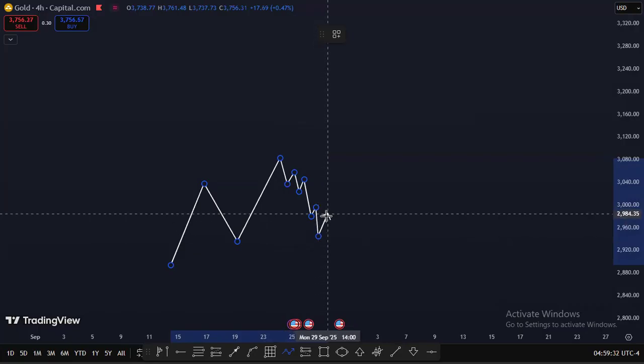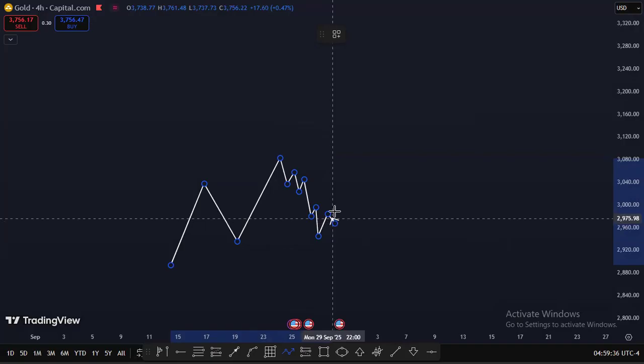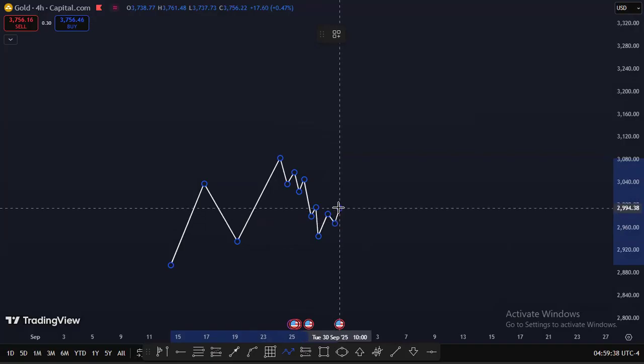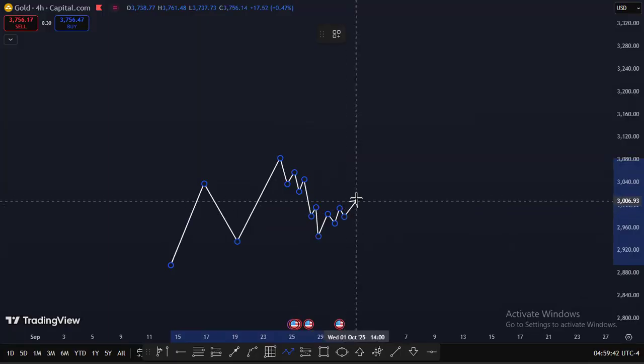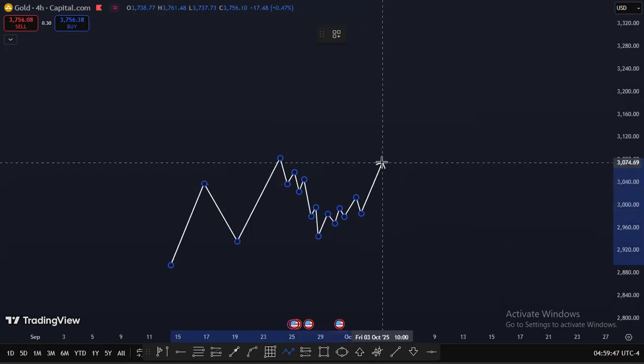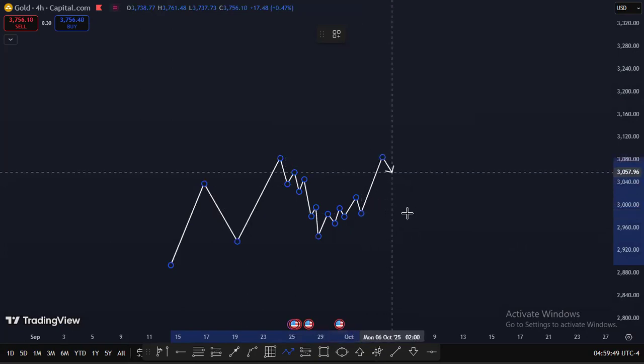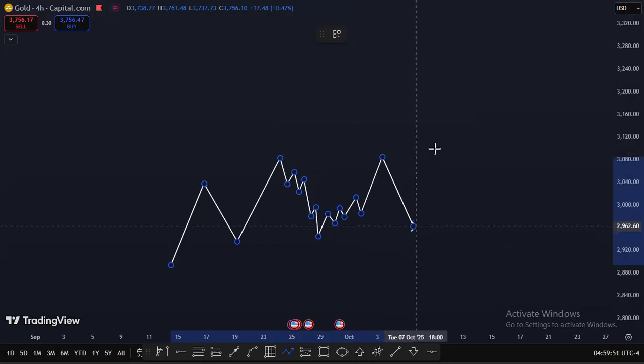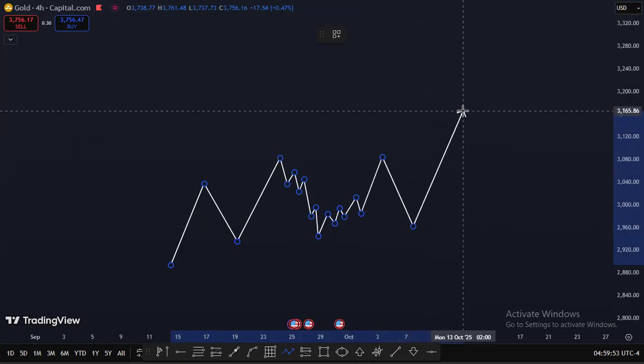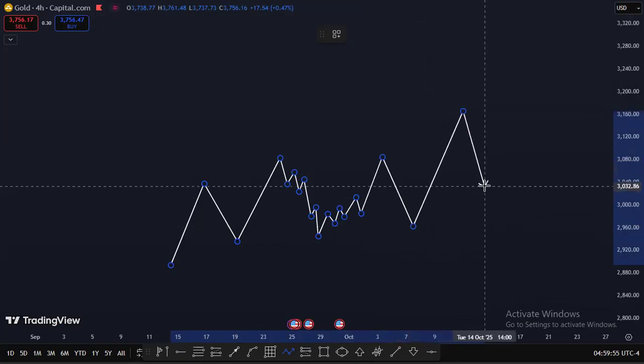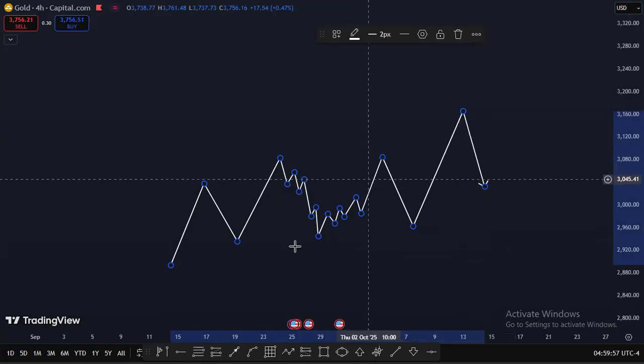But you are going to see that it's clearly in an uptrend regardless of the internal structures. Your goal is to focus on the bigger movement.